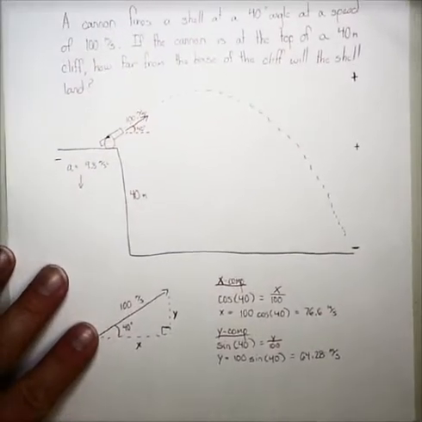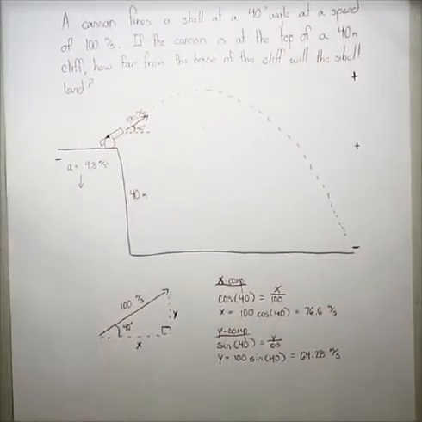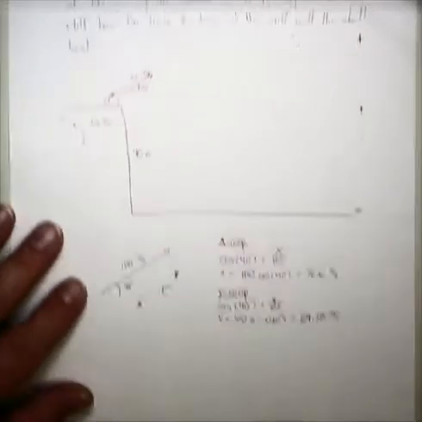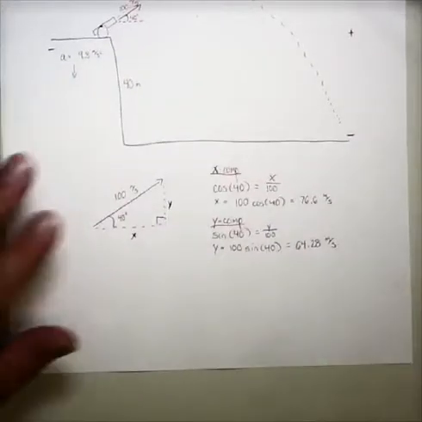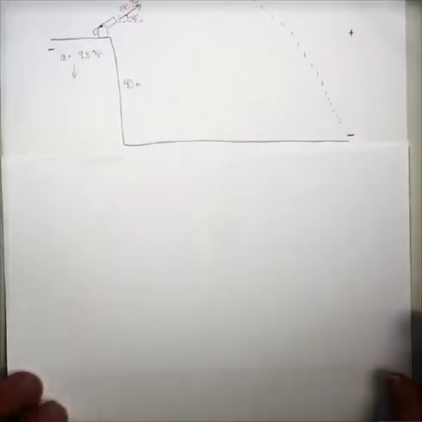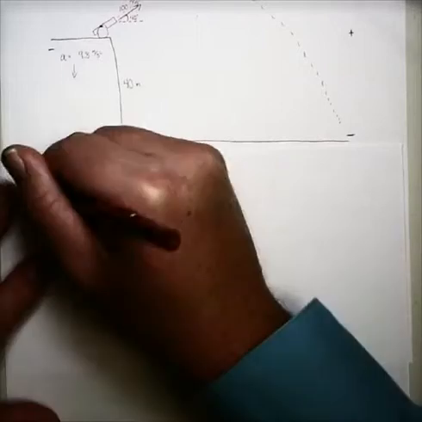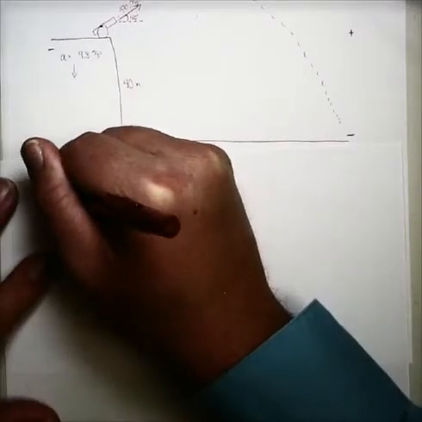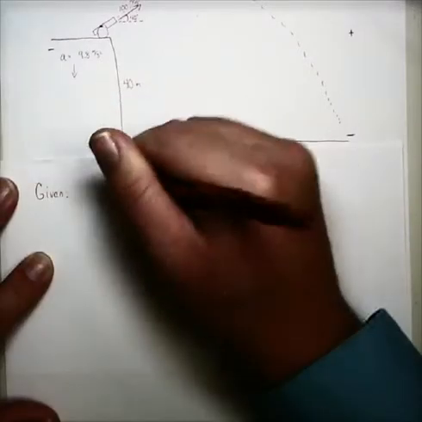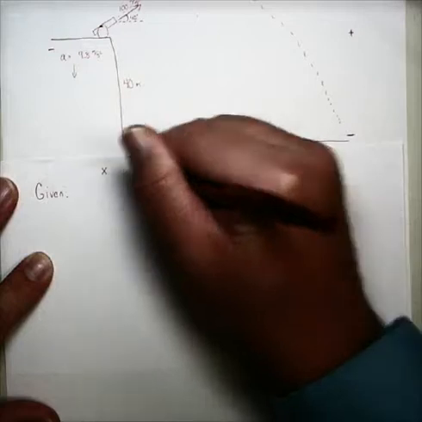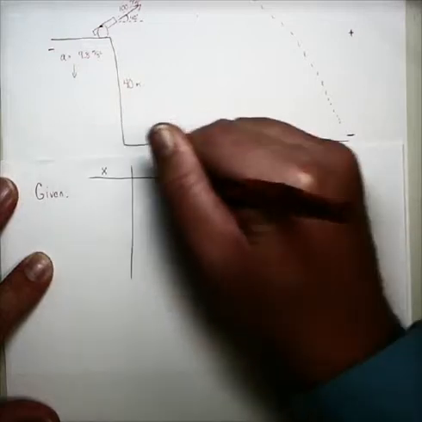Now that I have all this, though, I can start setting up everything I'm given. And so I'm going to switch to a new sheet of paper just so that we have room here. And I'm going to list everything we are given. And I'm going to do this for the x and the y directions.